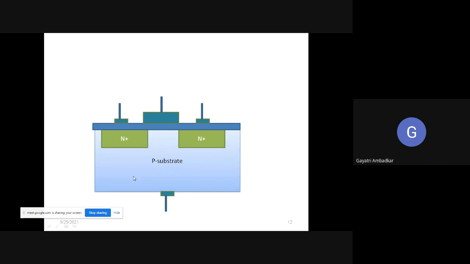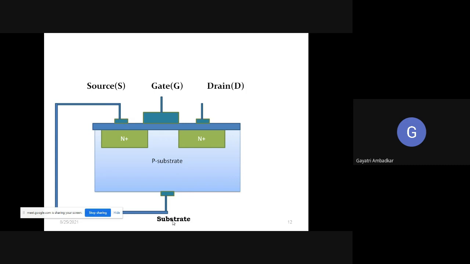So there are four terminals: source, drain, gate, and substrate. In general, we connect source with the substrate. Okay, this much we have discussed. Is it clear?